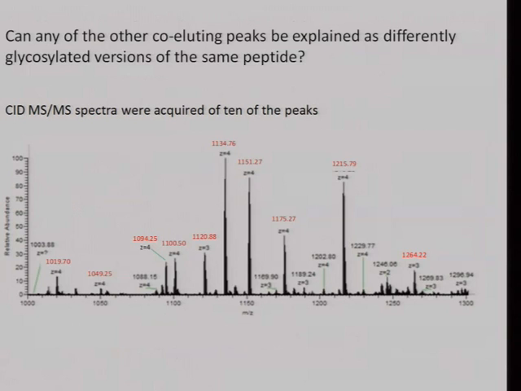And so 10 of the peaks in this spectrum, the 10 I've labelled in red, were actually fragmented. And so we have MSMS spectra, fragmentation spectra of those 10 peaks. And so the next challenge is going to be, can we work out which ones of these are other glycosylated versions of the same peptide, or whether some of these are unrelated peptides.